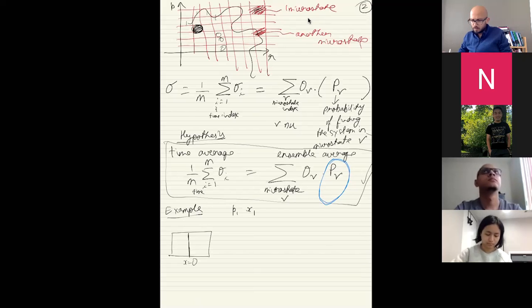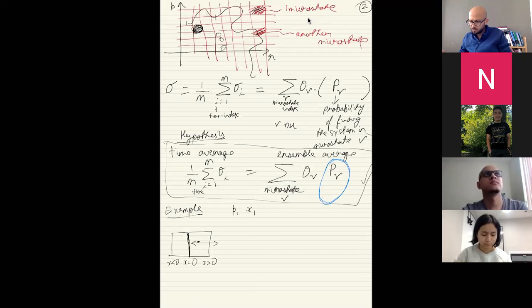My particle is bouncing around, and this is supposed to be a 1D box, which I have extended in one direction just to give you a sense. So this is X less than 0, and this is X more than 0. This system is blocked. It can move in this way, but it cannot cross the boundary.